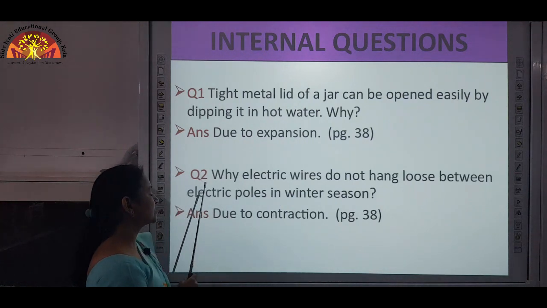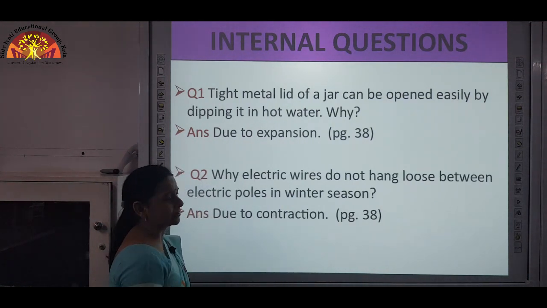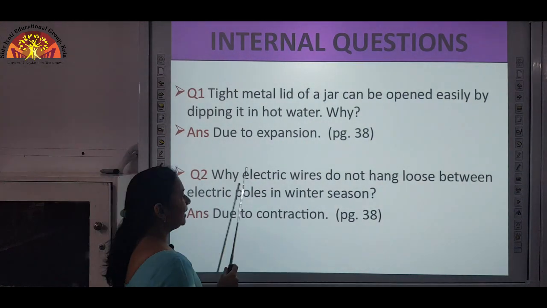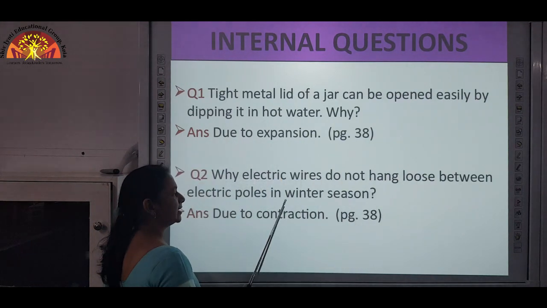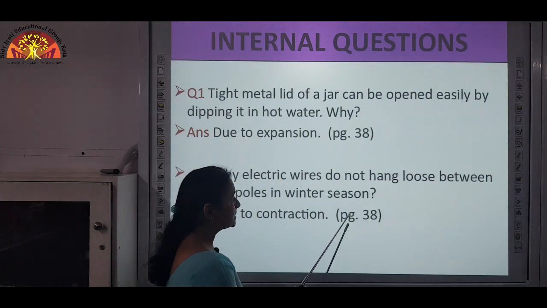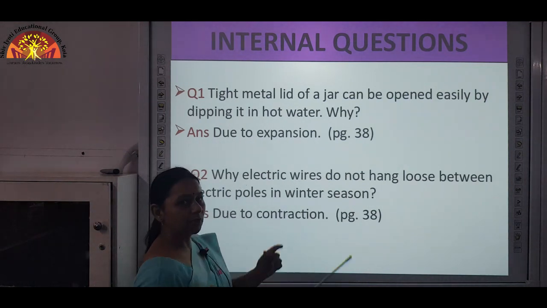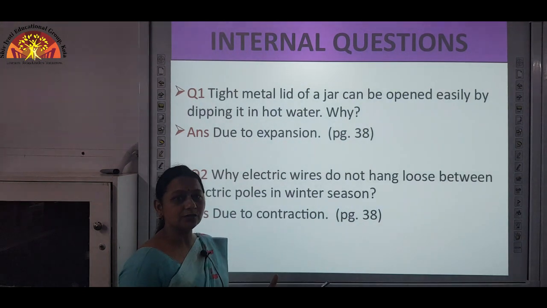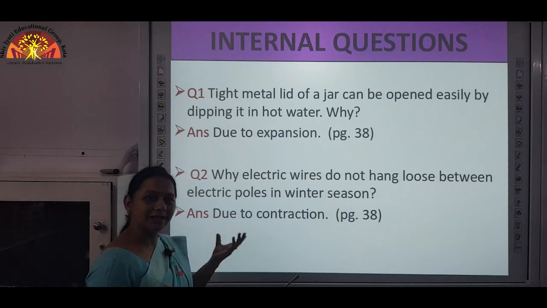Our next question, again on page number 38. Quickly take up your pencils and underline the answer. Why do electric wires not hang loose between electric poles in winter season? In the winter season, the electric wires between the two electric poles become tight, they do not hang loose. In summer season, they hang loose. Why does that happen in winter season?